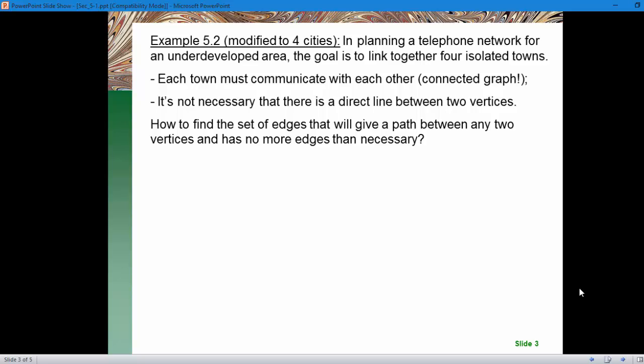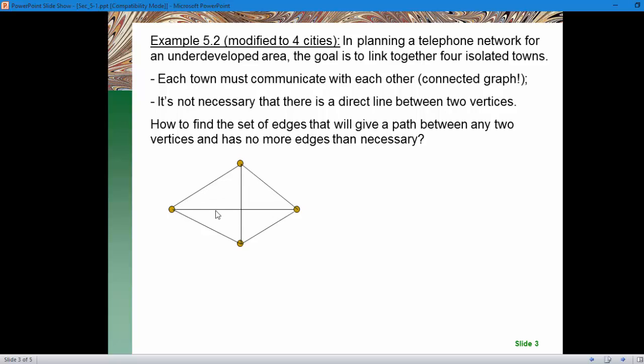And it turns out that there is a special type of graph that will satisfy these conditions, and that is called a tree. So here's the representation of a diagram that represents this problem, the 4 towns. And we begin by joining a line between any 2 vertices.